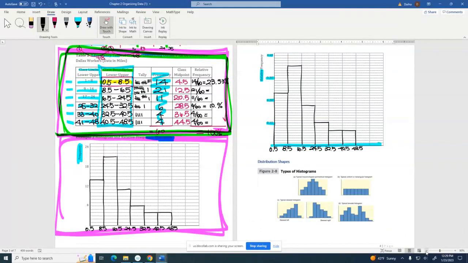How did you get the relative frequencies? 14 divided by 60, 21 divided by 60, divided by 60. Same thing. Why not? So with the relative frequencies, we don't have to make both, either one.